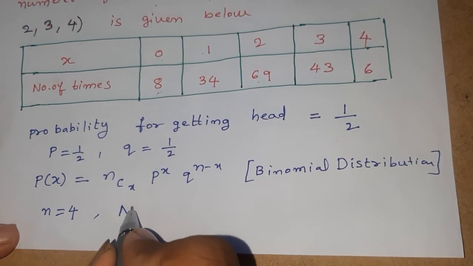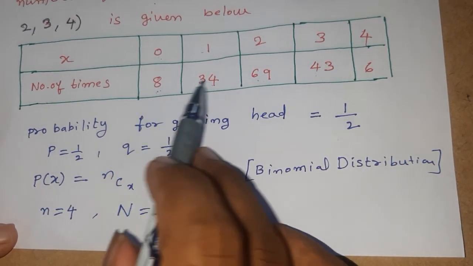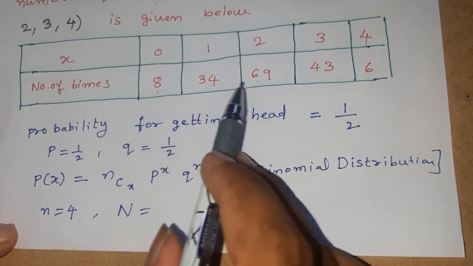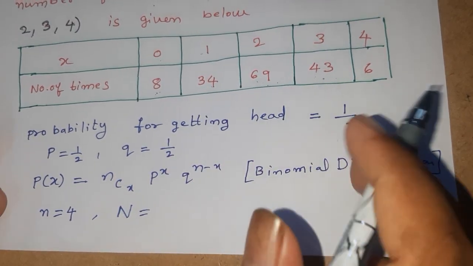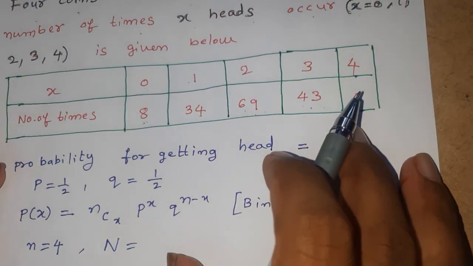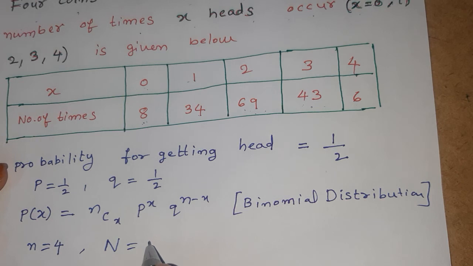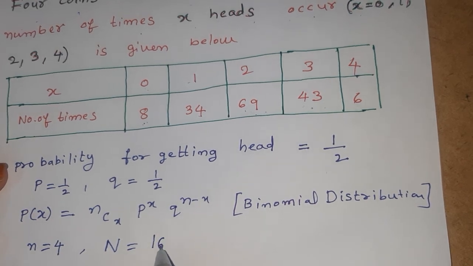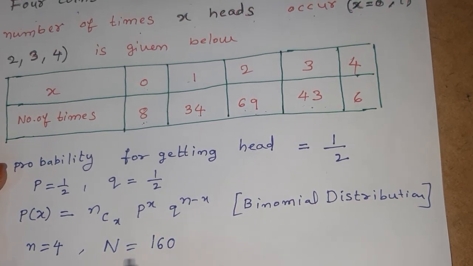And capital N is given by the total of these values, 8 plus 34 plus 69 plus 43 plus 6, but it was given as 160. Therefore capital N is equal to 160.